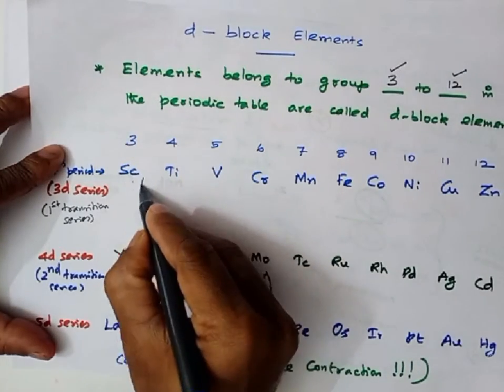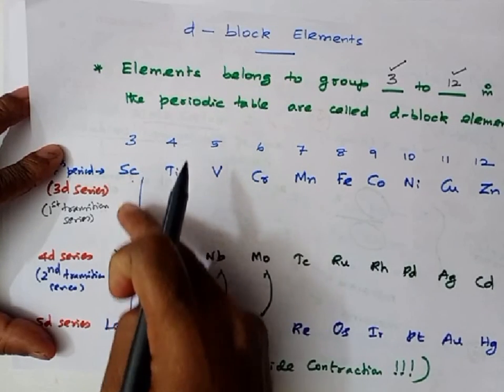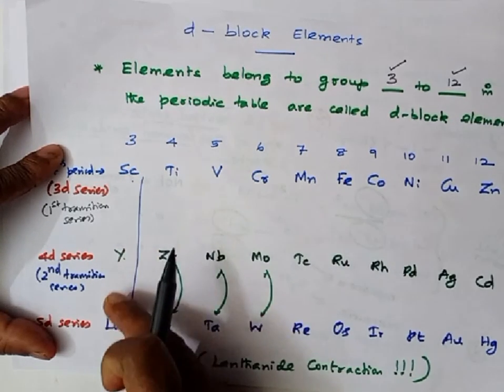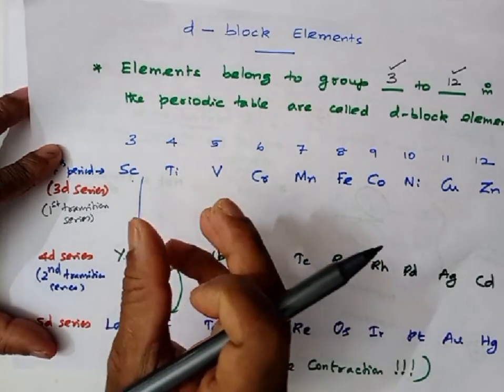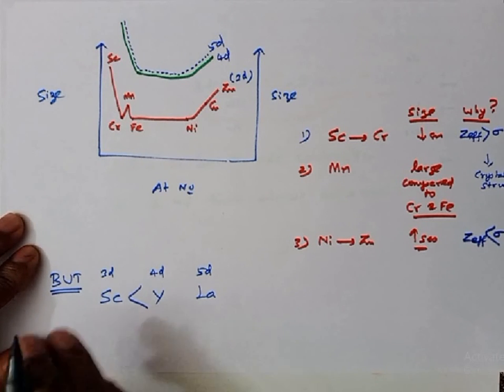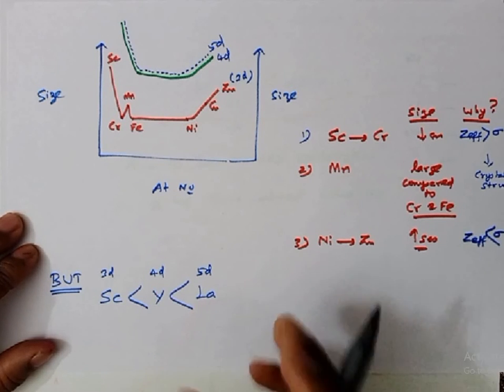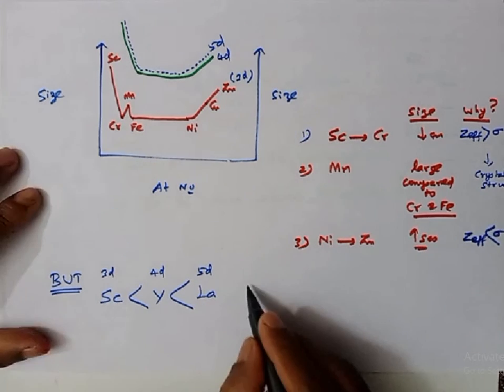If we go down, what we expect is that scandium to yttrium size should increase, then yttrium and lanthanum should have equal size. But what is observed is that scandium to yttrium size increases, no doubt, and yttrium to lanthanum, the size of lanthanum is larger. Why? What is the reason?